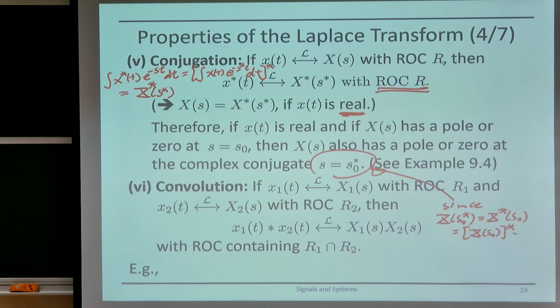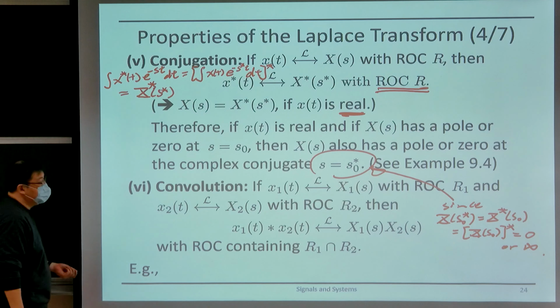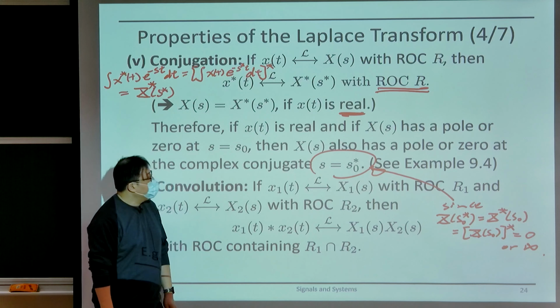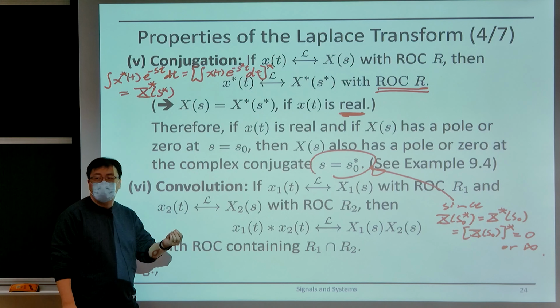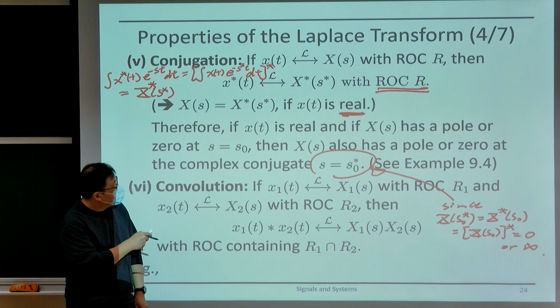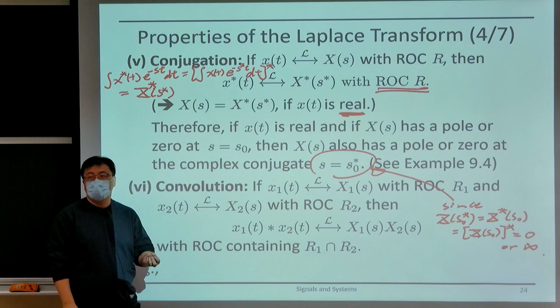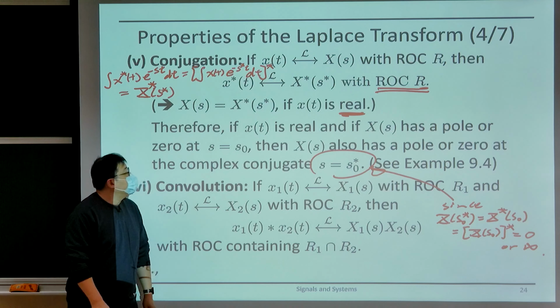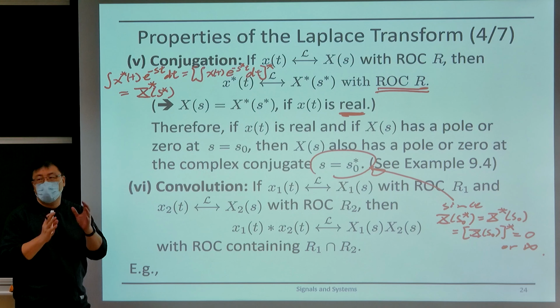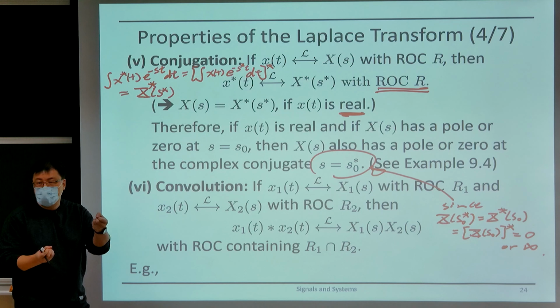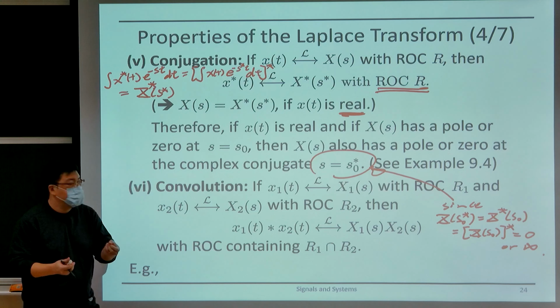So this is 0 or infinity, depending on whether s naught is a 0 or a pole. So if x of t is real, the zeros and poles must always come in pairs. It cannot come alone.